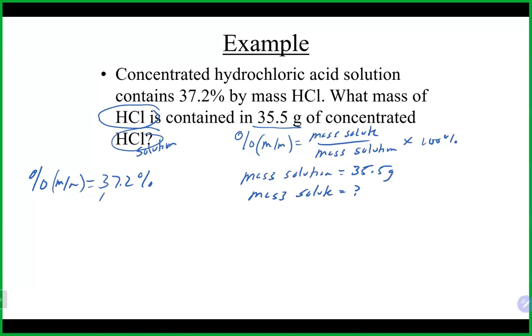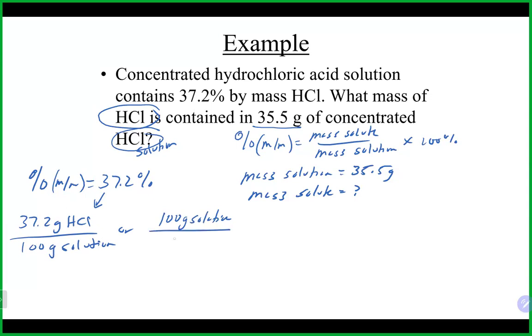So again, this 37.2% means that I have, in this case, 37.2 grams of HCl in 100 grams of solution. And again, we could use it in the opposite way: 100 grams of solution is 37.2 grams of HCl.